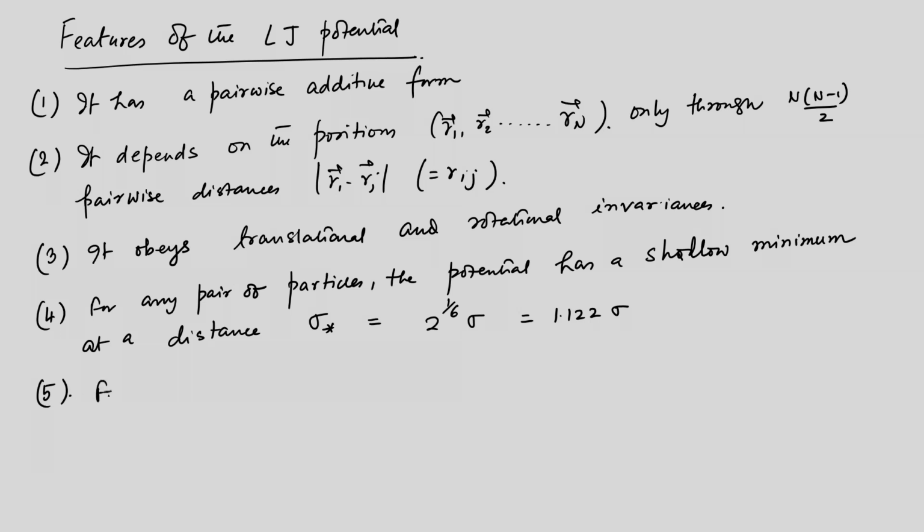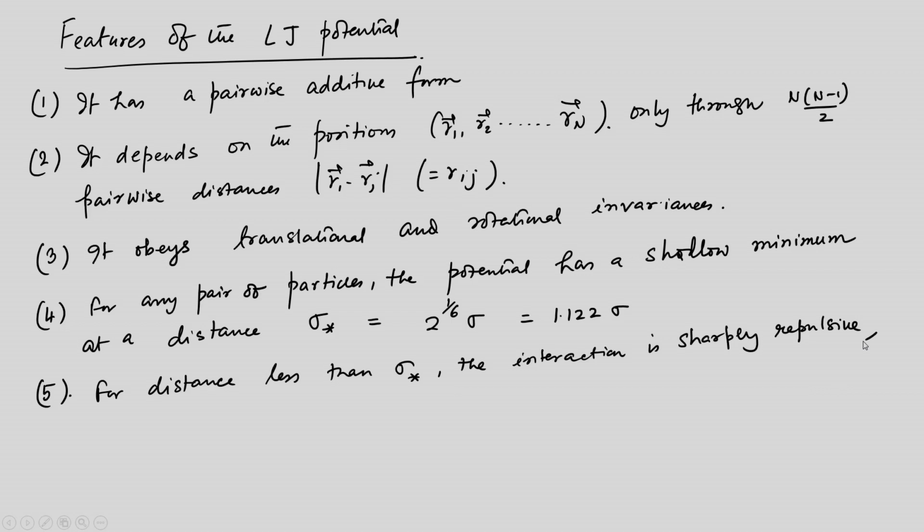For distances lesser than sigma star, the interaction is sharply repulsive, and for distances greater than sigma star, the interaction is weakly repulsive, sorry, weakly attractive.